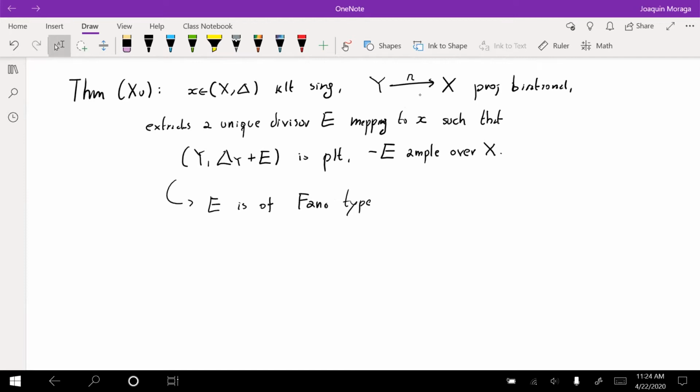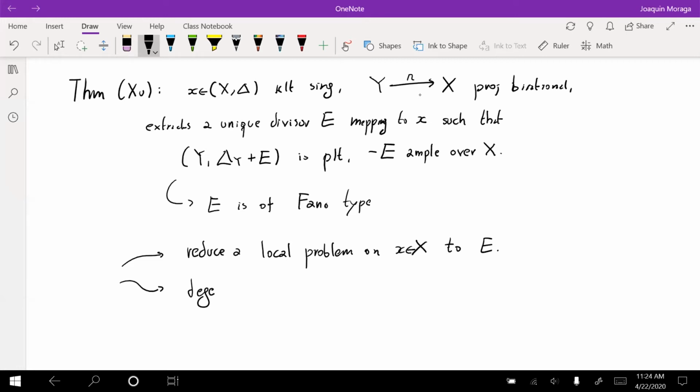So essentially, there are usually two extremes to tackle problems. One is to try to reduce a local problem on X to E, and this is something that one can try. It doesn't work in all problems. The other one is to use degeneration theory.